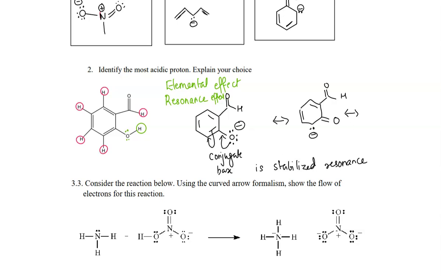The next question is asking us to consider this reaction below and identify the acid and base, also showing the flow of electrons using the curved arrow formalism.